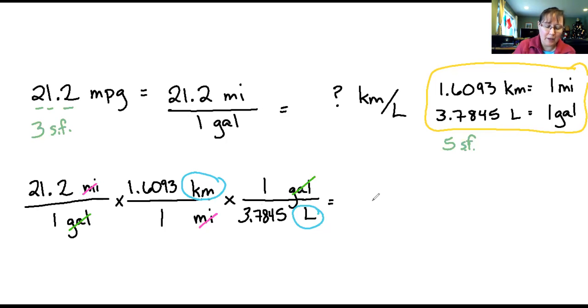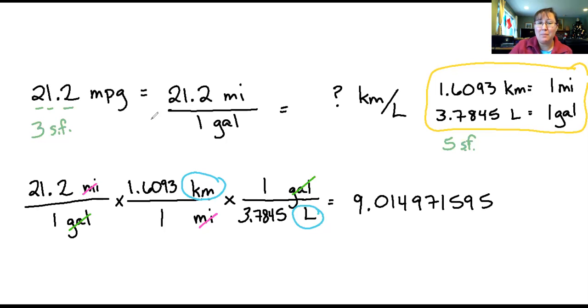So I start out by saying 21.2 times 1.6093, and then I divide that by 3.7845. And the answer that my calculator gives me is 9.014971.